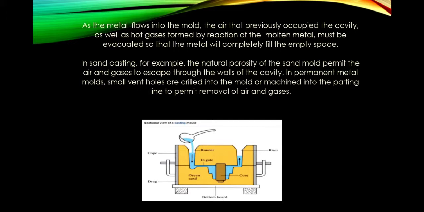In sand casting, for example, the natural porosity of the sand mold permits the air and gases to escape through the walls of the cavity. In permanent metal molds, small vent holes are drilled into the mold or machined into the parting line to permit removal of air and gases.